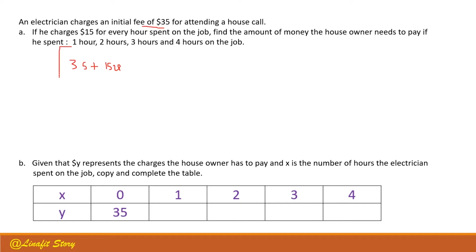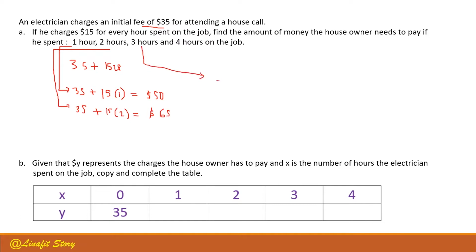For 1 hour, 35 plus 15 times 1 is equal to $50. 2 hours, so 35 plus 15 times 2 is equal to $65.